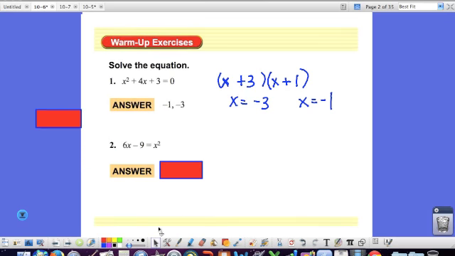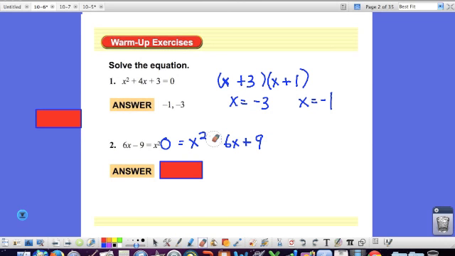Okay? For the next one, I'm going to rewrite this. X squared plus 6x minus 9 equals 0, right? And that should be plus 9 because I messed this all up.